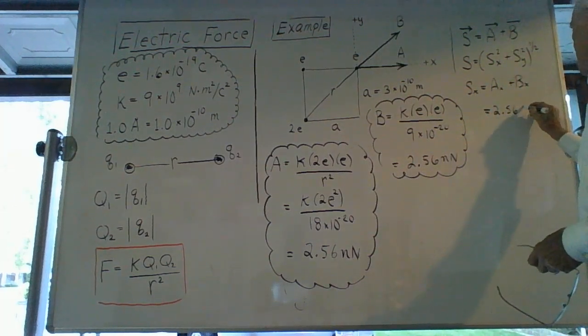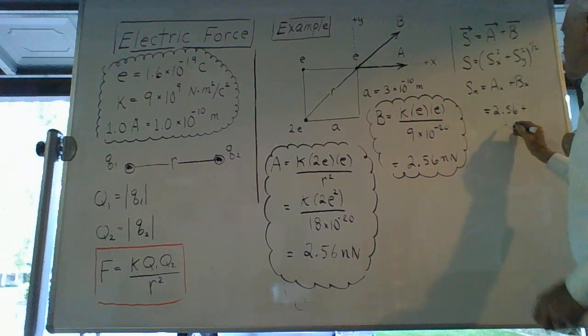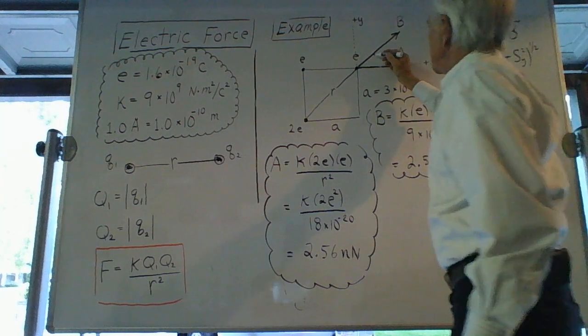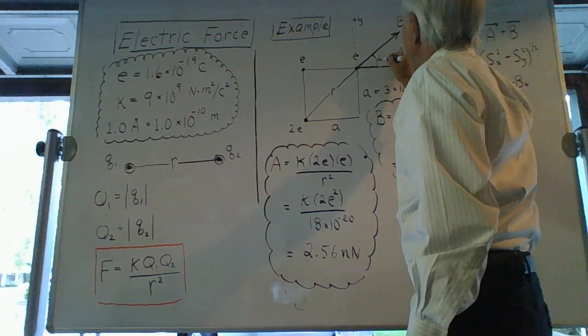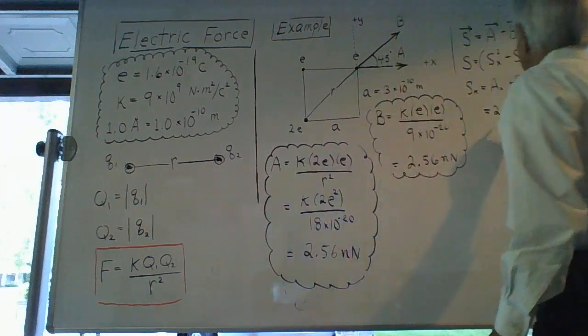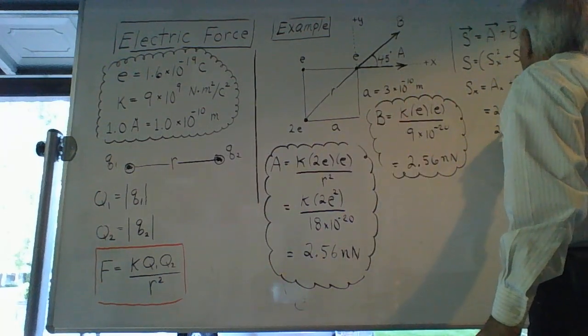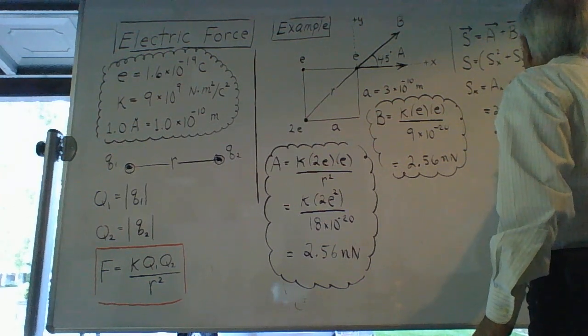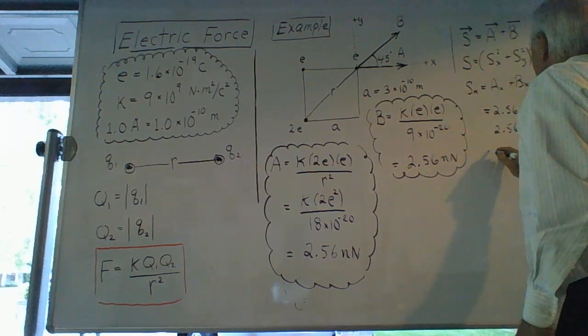plus B sub x. Well, B sub x is the length of B times the cosine of this angle. That angle is 45 degrees. And so this is plus 2.56 cosine of 45 degrees.